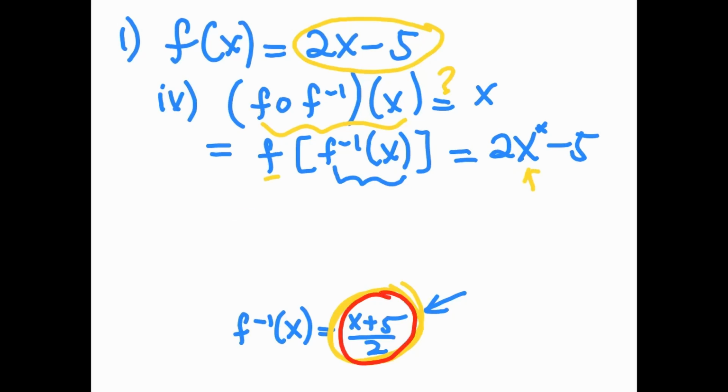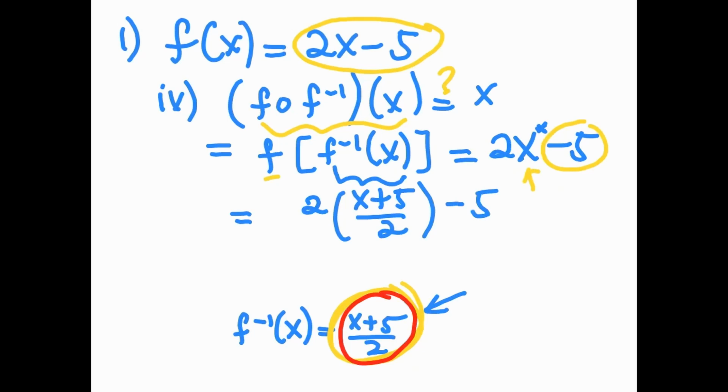So this will now become 2 times x plus 5 all over 2, and we have minus 5 here, so it will remain. So this will be minus 5. Simplifying further, we can now divide this 2 into 1 and have it equal to x plus 5 minus 5, which of course negative 5 minus 5 is 0.